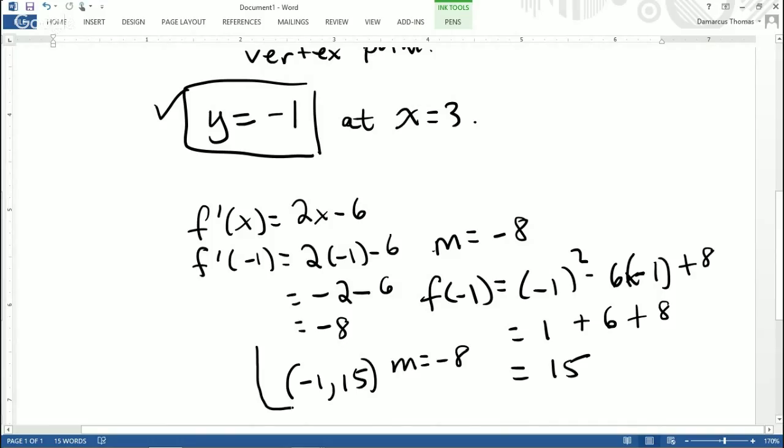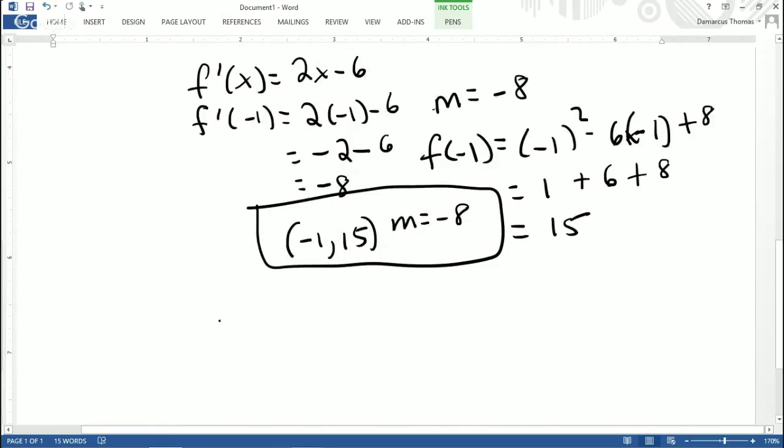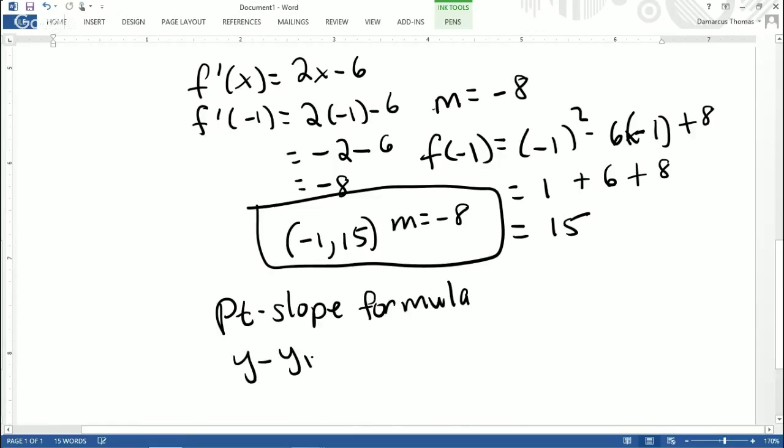And so we have a point and we have the slope. So we can use the point slope formula to write the equation of the line. So that's y minus y1 is equal to m times x minus x1.